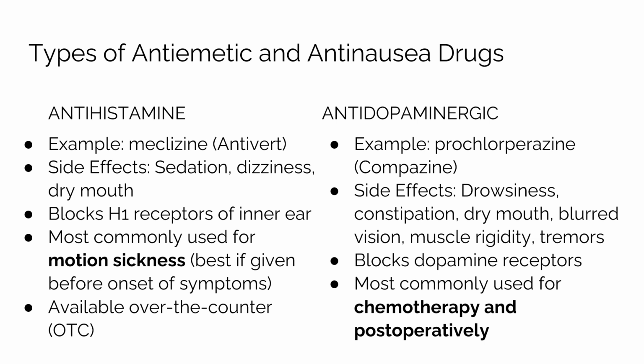Dopamine receptors play a wide range of functions, including movement, motivation, pleasure, and cognitive processes like memory and attention. Antidopaminergic drugs are most commonly used for chemotherapy and postoperative patients. You need to know that if your patient is experiencing any side effects, no matter the drug, you need to notify the health provider to evaluate.